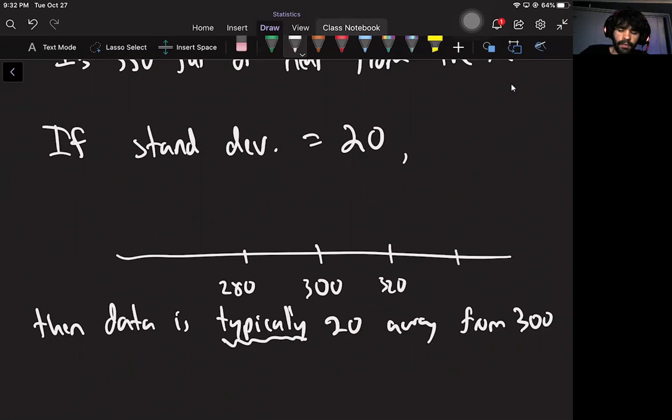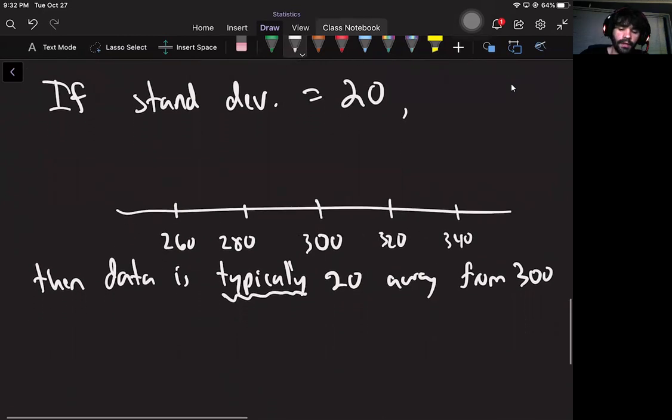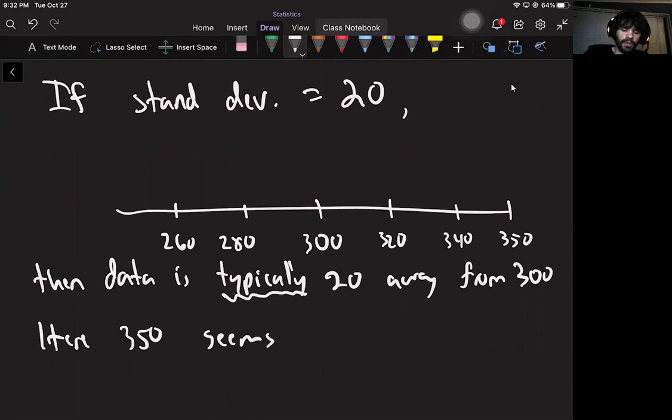And then between 340 and, how do I subtract, 260, there's even more data, is the idea. So 350 seems very far away. We're going to make this more precise later, but for now the idea is it seems far away because the standard deviation is only 20.